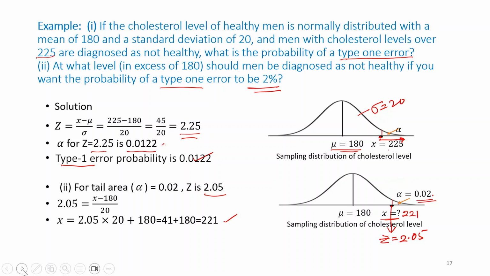Unless that is known, we will not be able to calculate what is the value of beta. That means when something belongs to a different population, not with the existing population, it belongs to a different population. So if we have another population, then we need to know what is the mean of that population. If that is given, then we can find out what is the value of beta. Otherwise, we will not be able to calculate the value of beta. So you need to know up to this much.